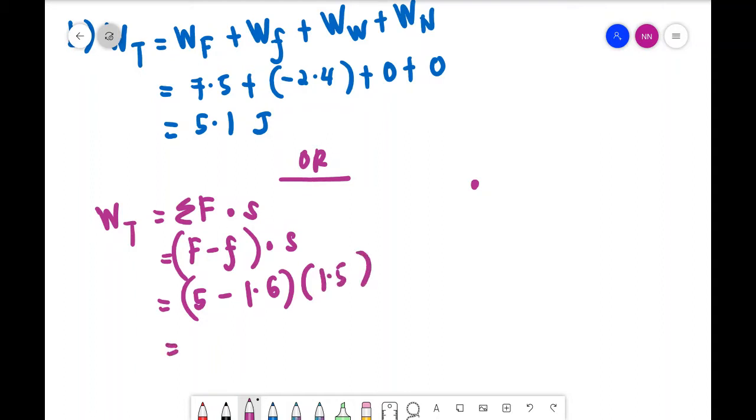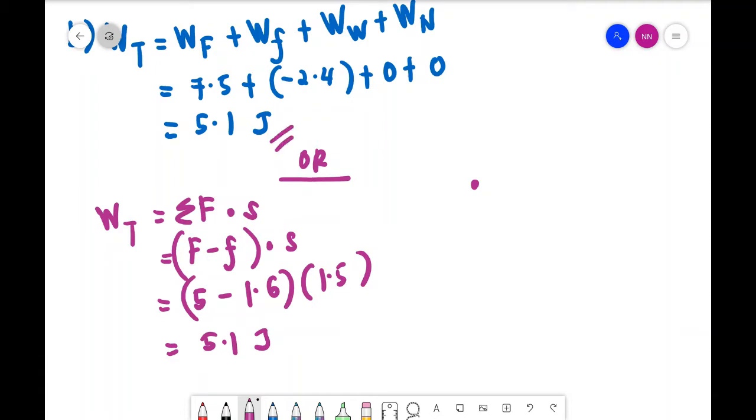So 5 minus 1.6 times 1.5 equals 5.1 joule. It is the same.